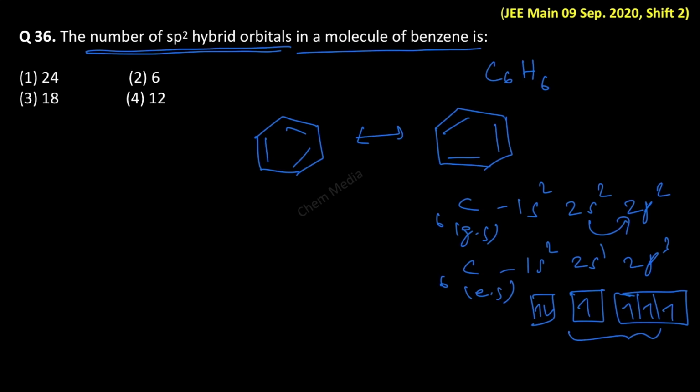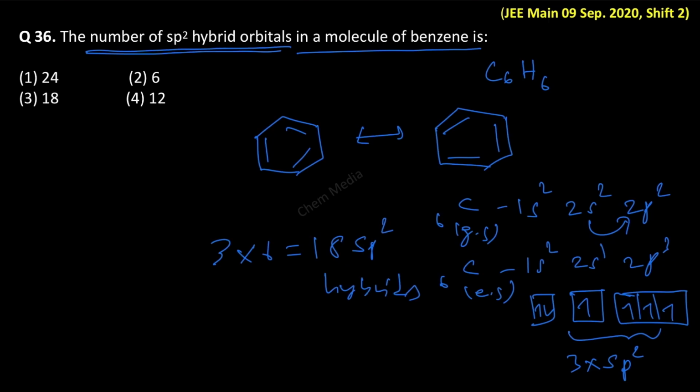That is how we form the sp2 hybrid. But we will have 3 equivalent sp2 hybrids, isn't it? So therefore 3 times 6, that is equal to 18 sp2 hybrids is what we will have.